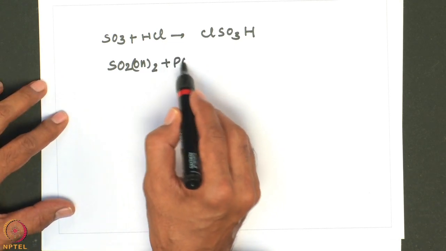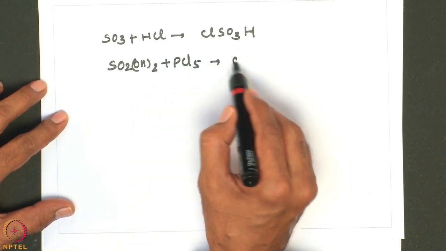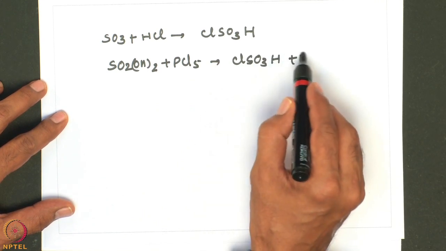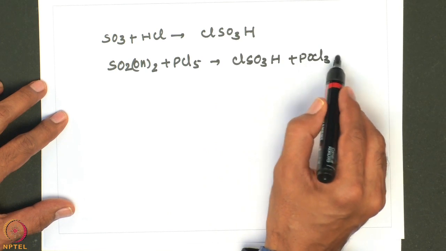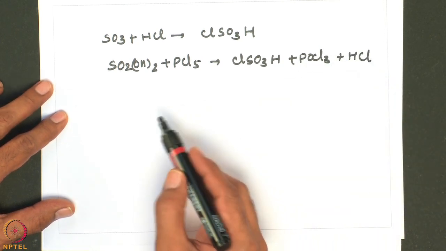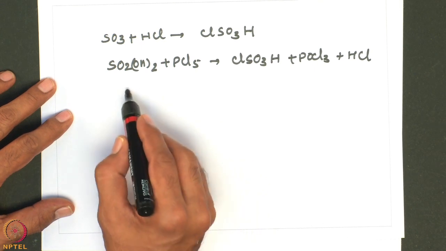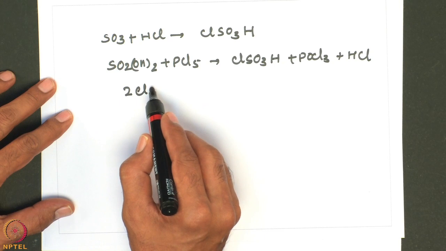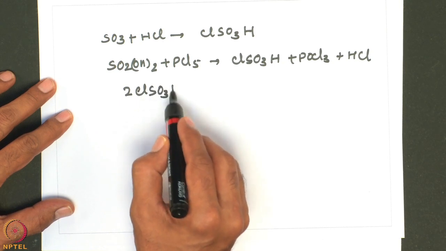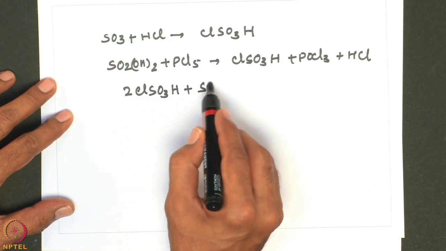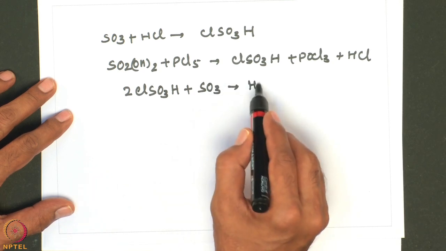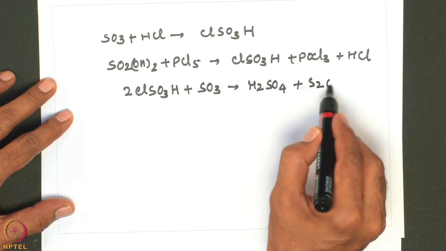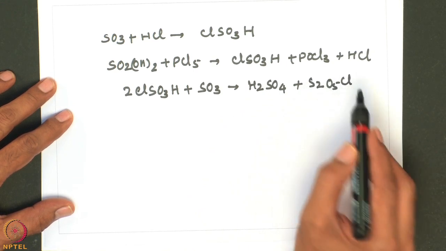This when treated with PCl5 also gives ClSO3H plus POCl3 plus HCl, and chlorosulfonic acid, when it is treated with SO3, it gives H2SO4 plus S2O5Cl2.